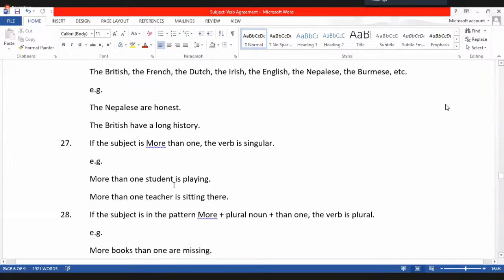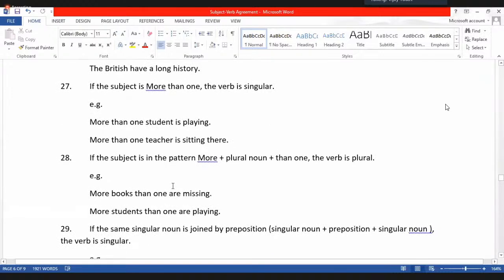Okay. And here 27, 28, say, if in place of subject there is more than one, we use singular verb. But if in the subject there is any plural noun, and then you have than one, we use plural verb.